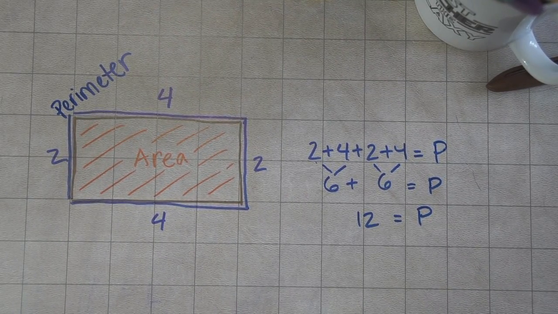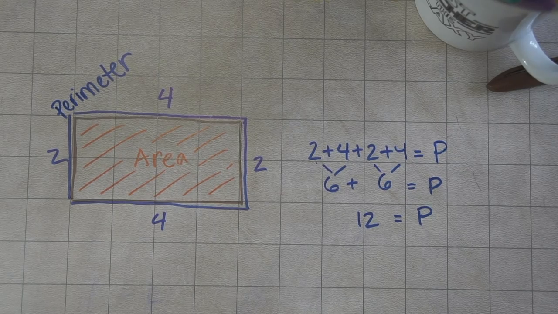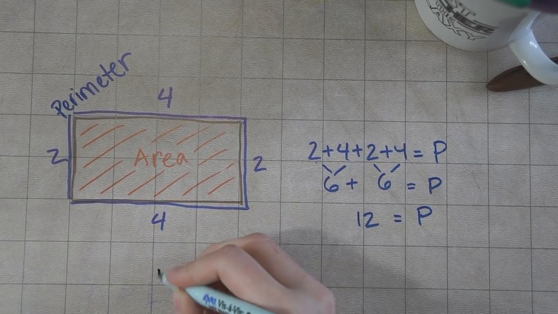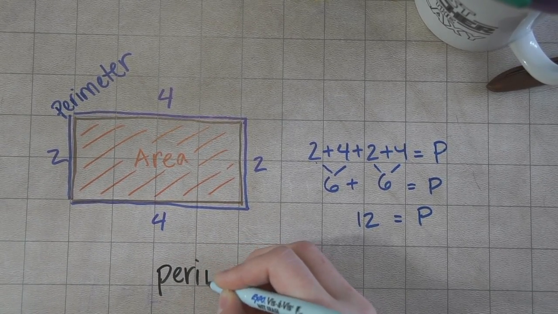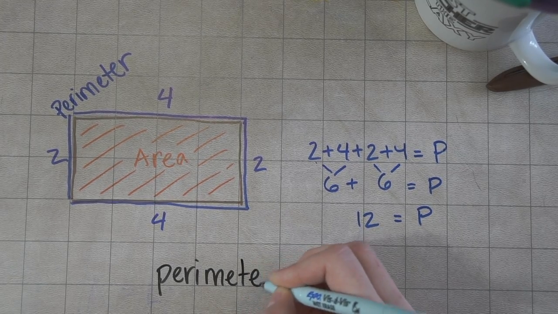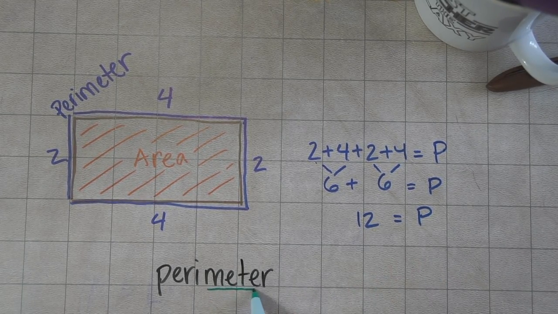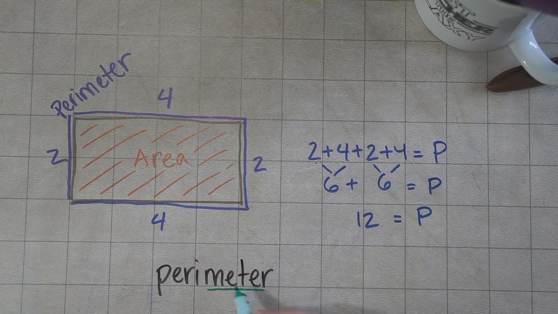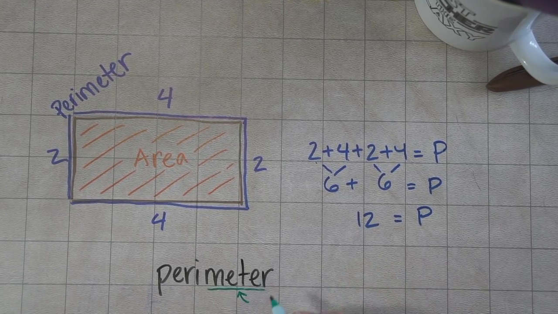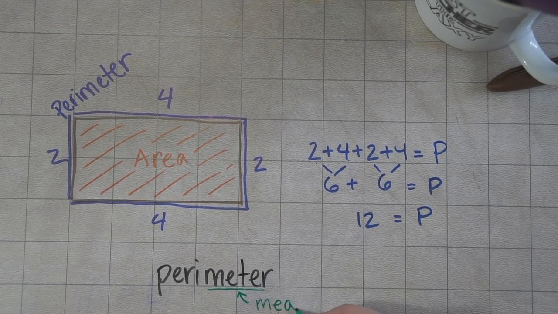In fact, if you want a little taste of 5th grade, the word perimeter can help you remember what you're measuring. So this word comes from Greek, and we use the chunks of the word to figure out what it means. Meter, you're familiar with from our measurement units. Meter just translates to measure.